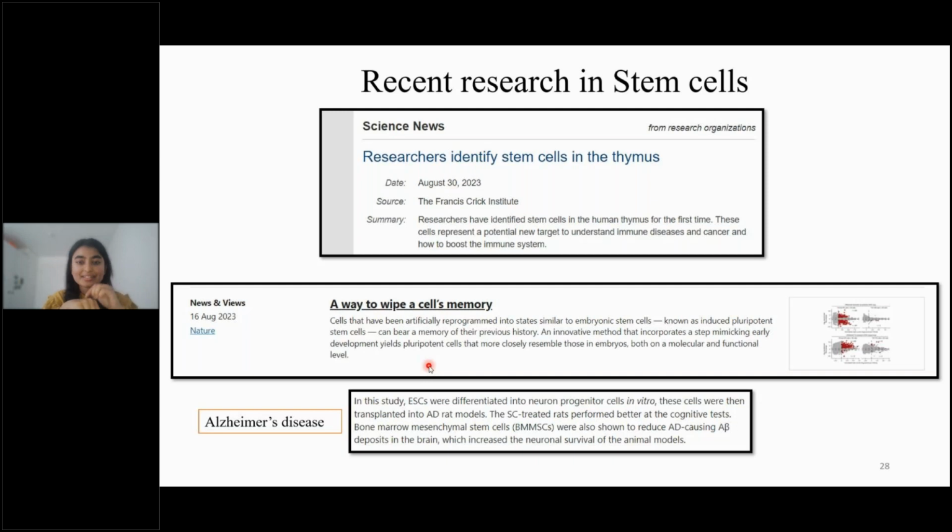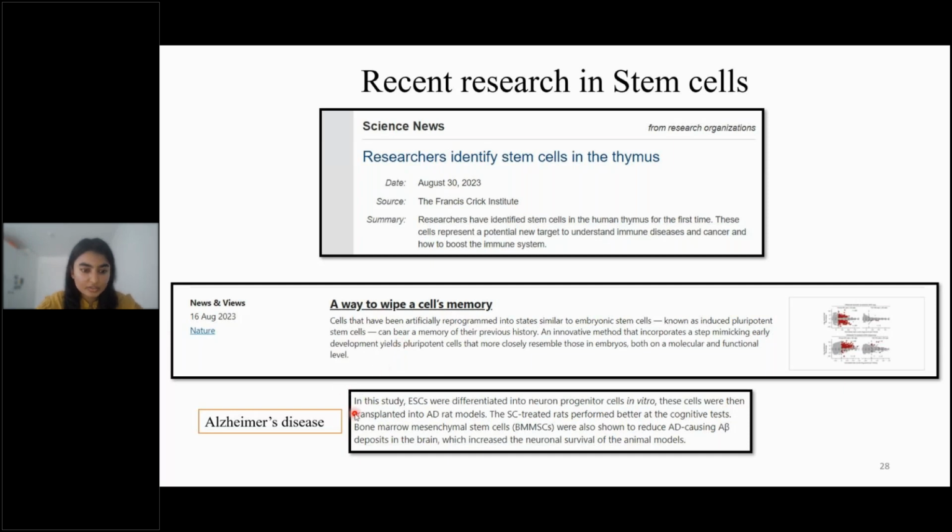Now we want our skin cell to go back to being a stem cell. So we provide some factors and it changes into a stem cell. Now this stem cell will have a memory of its previous history. Like when I was differentiated into a skin cell, it will always remember that. They found this recently, on 16 August. They found that stem cells have their own memory.